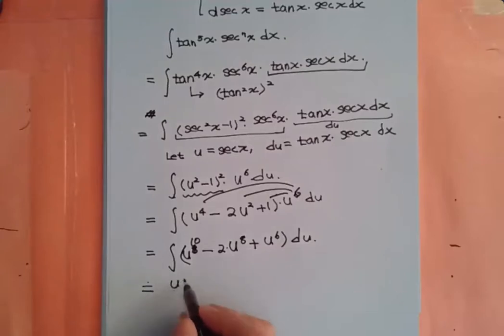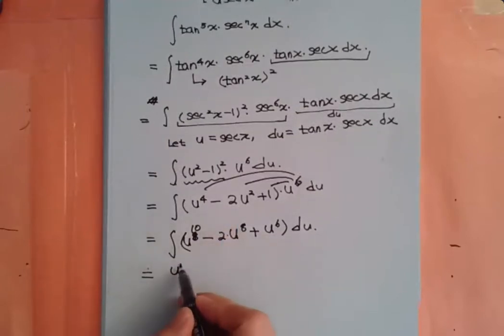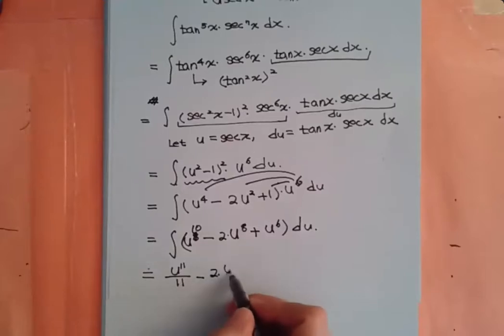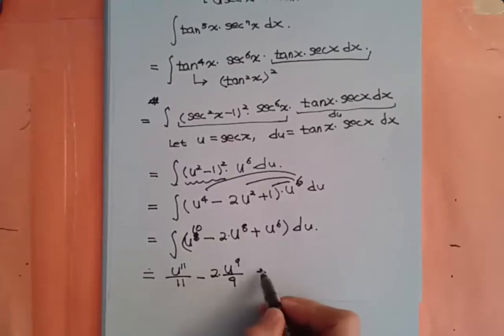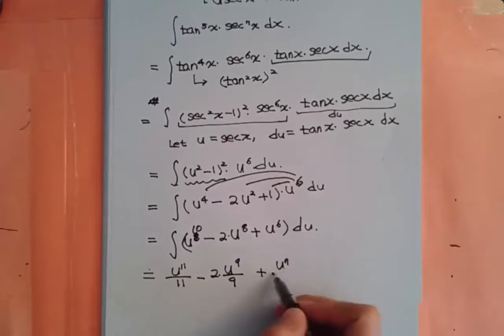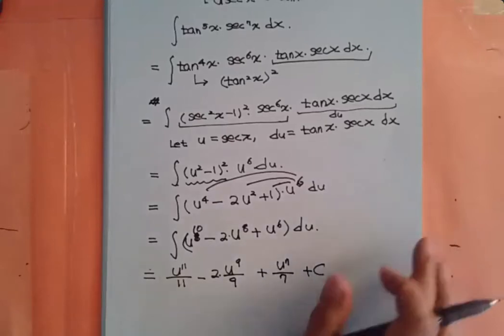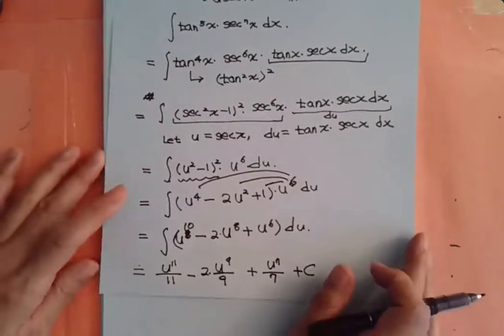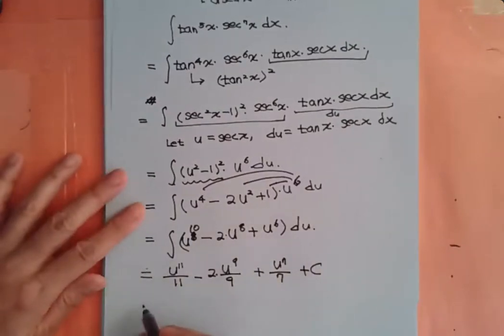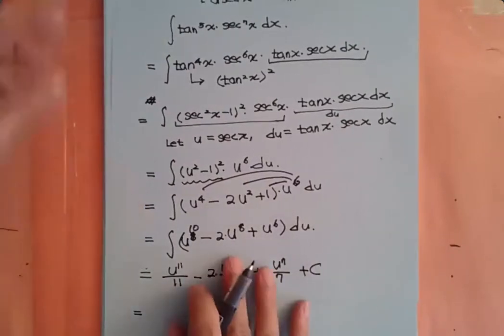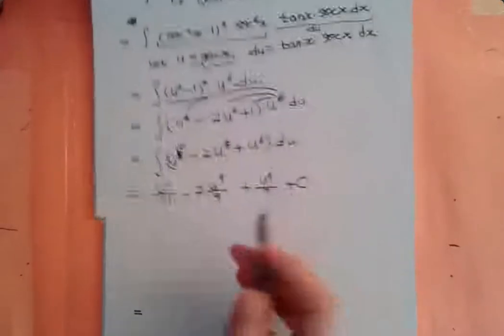So it becomes u to the 11th power over 11 minus 2 times u to the 9th power over 9 plus u to the 7th power over 7 plus c. The remaining step is only about the substitution. So to finish the problem, we will put secant back in for u.